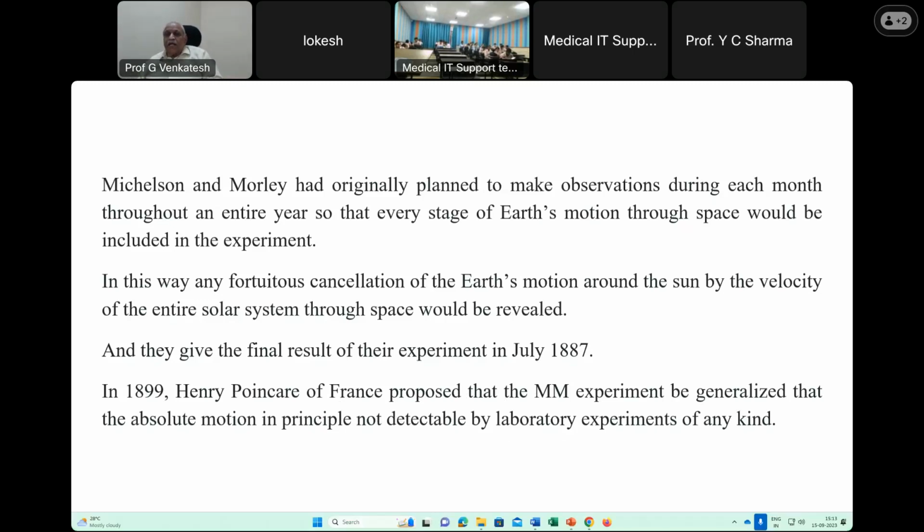The two important conclusions of the Michelson-Morley experiment are: one, there is no ether, or even if ether is there, it will not affect the velocity of light. In other words, the velocity of light is independent of the source or the observer. And this idea was used by Einstein in proposing his special theory of relativity.